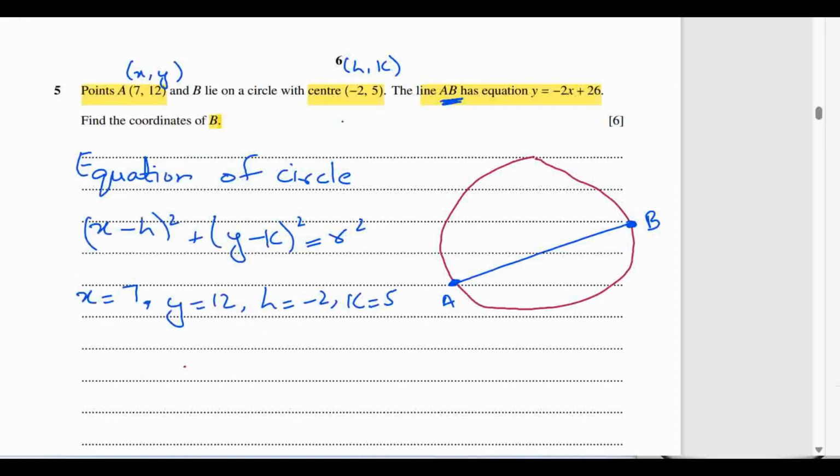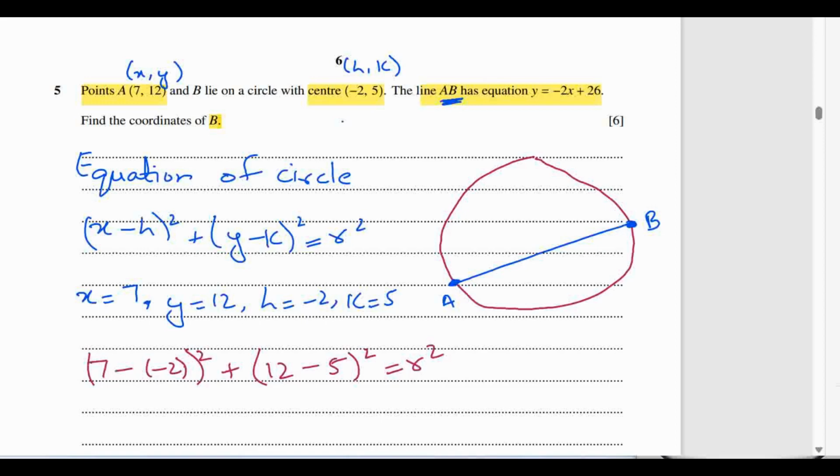Now just put all these values. So this will be equal to (7 minus minus 2) whole square plus (12 minus 5) whole square is equal to r square.